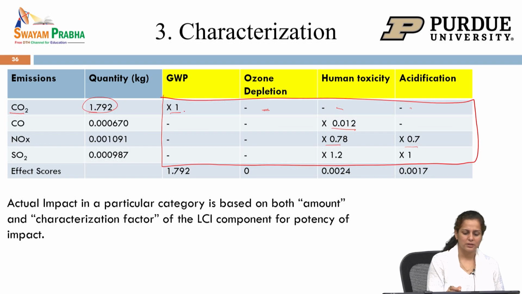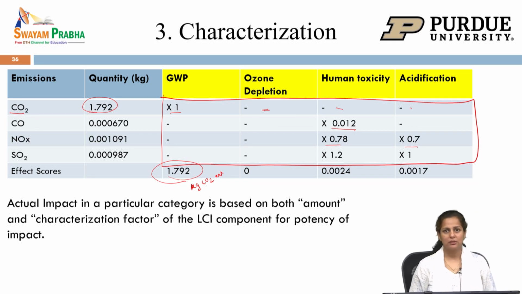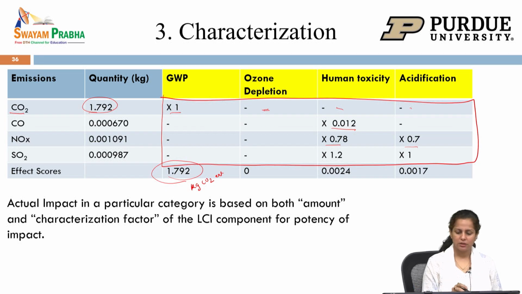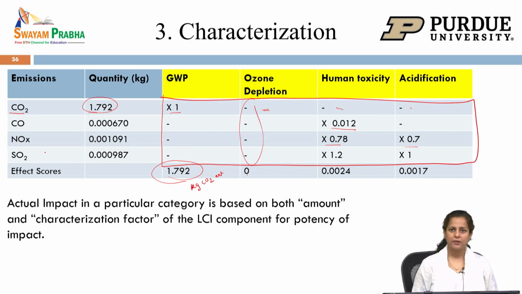When we calculate the total impact in each category, we multiply the amount 1.792 times 1. The total impact or effect score for global warming potential is 1.792, and the unit will be kg CO2 equivalent, which is the reference chemical used for global warming potential. For ozone depletion, we have 0 impact because none of our chemicals have a characterization factor for ozone depletion.